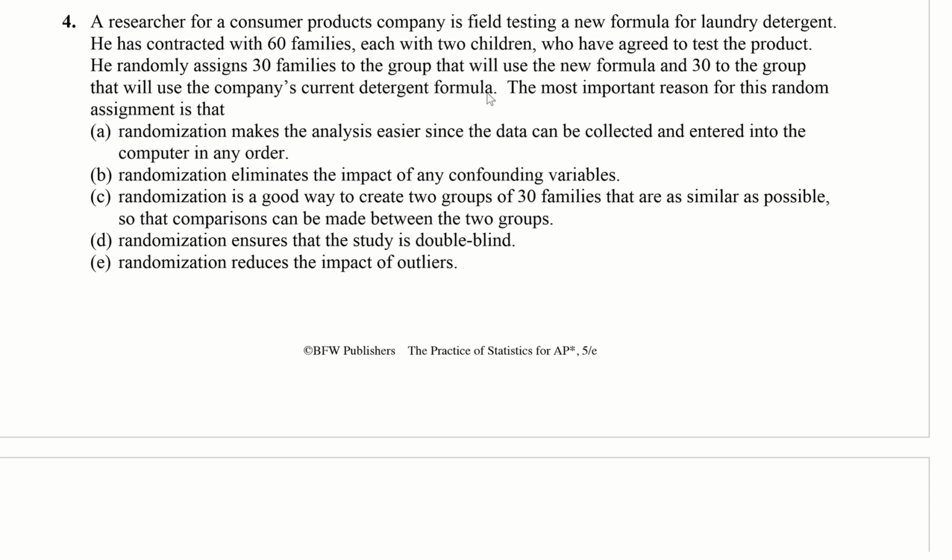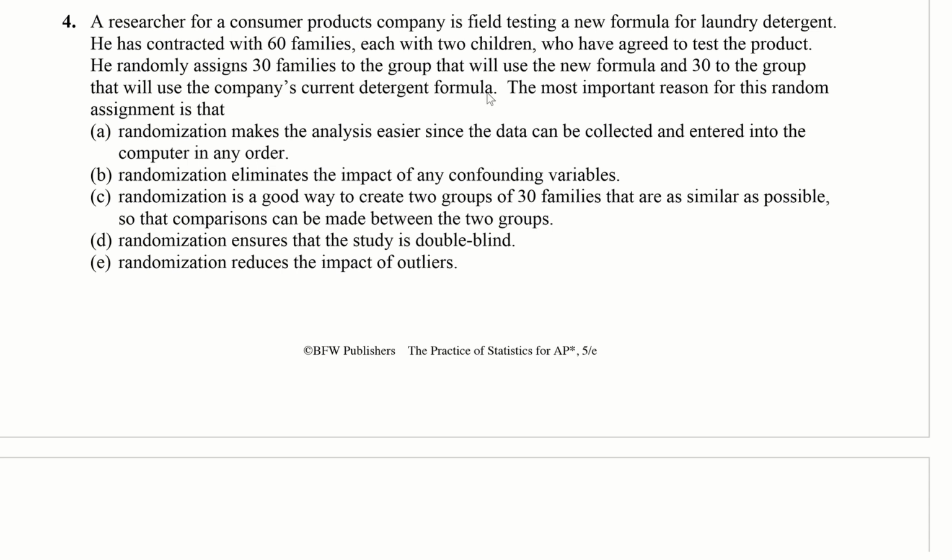You want to make the groups as close to each other as possible because you're doing it by chance. However, the best way to avoid bias, right, is to randomly assign them, and there's a good chance, right, that the groups will be as similar as possible.